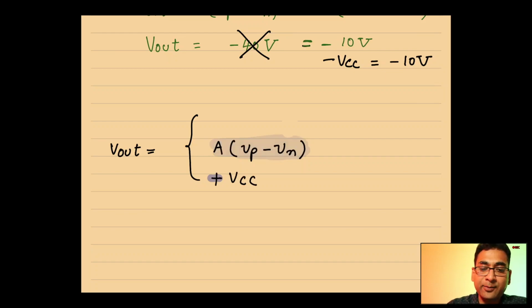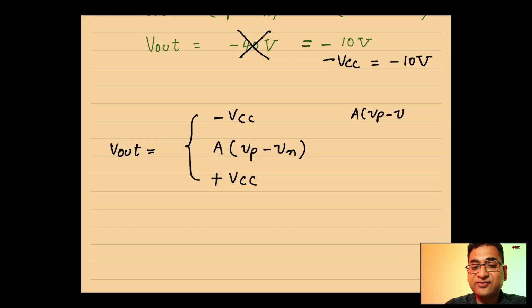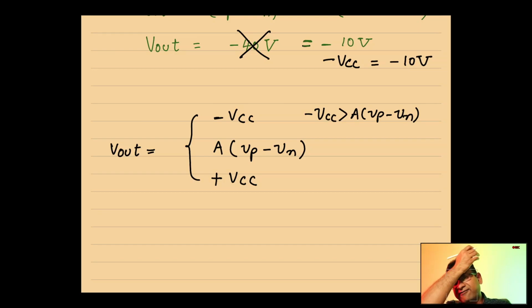I'm going to show this to you in a formal manner. Similarly, the minimum voltage that can be supplied by the op-amp is negative VCC. So when this term, A times Vp minus Vn, is less than negative VCC, we have an op-amp that is saturating. This is called the saturation region.